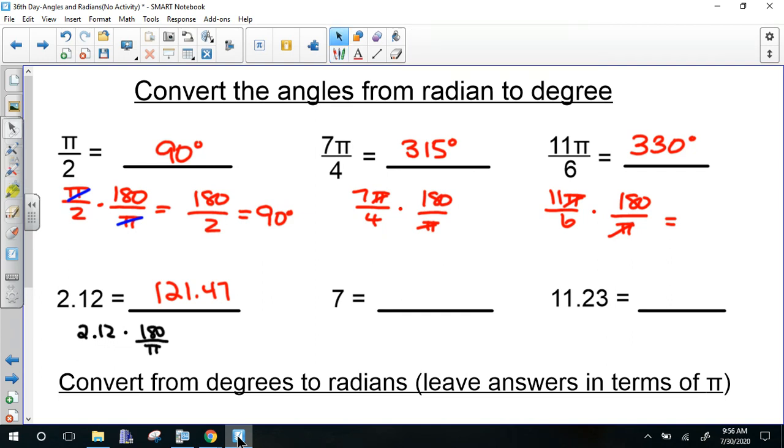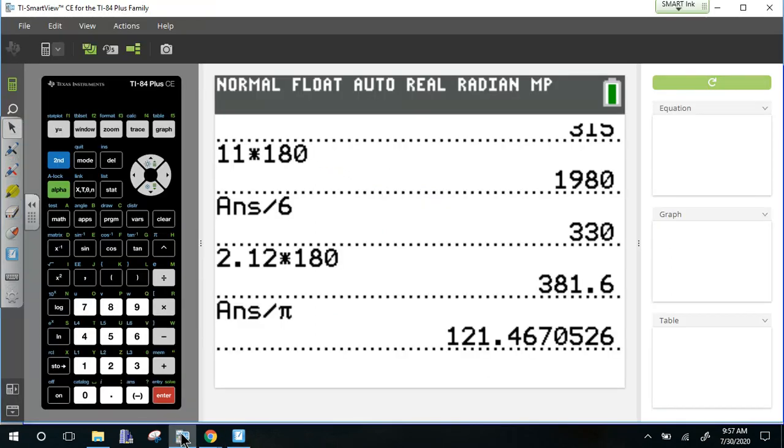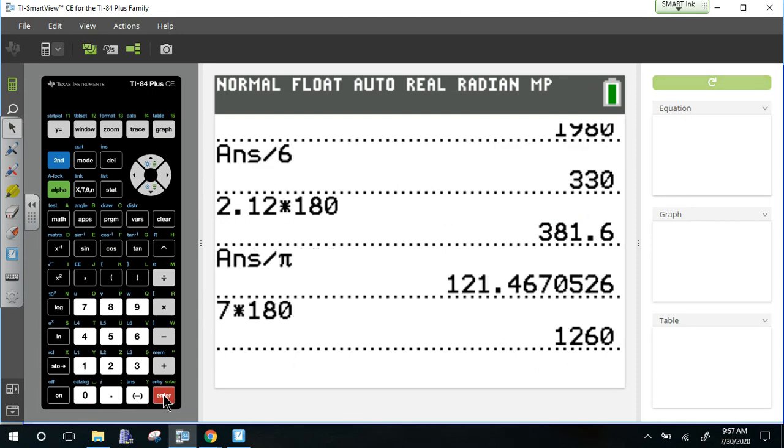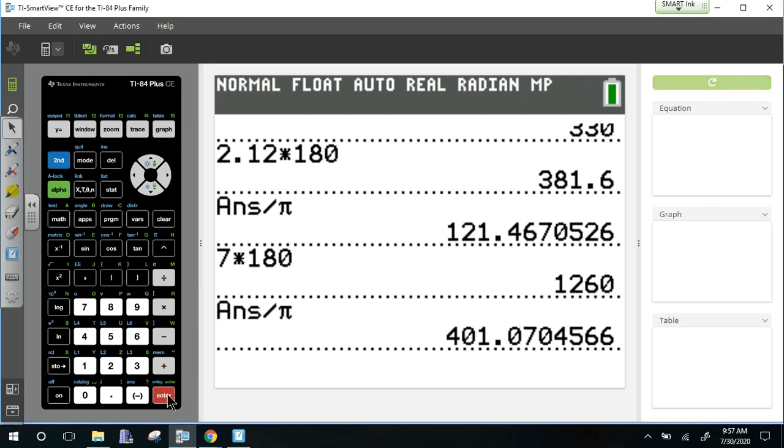And we continue to do the same thing for 7. 7 times 180 over pi. So 7 times 180, enter, divided by pi. 401.1, we'll call it.